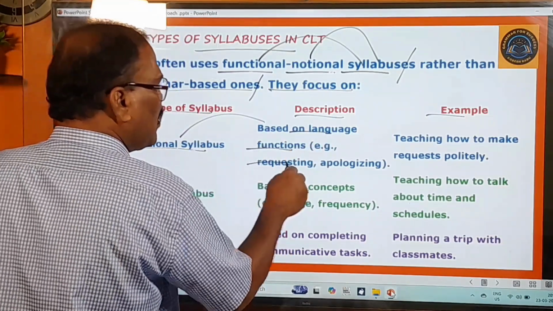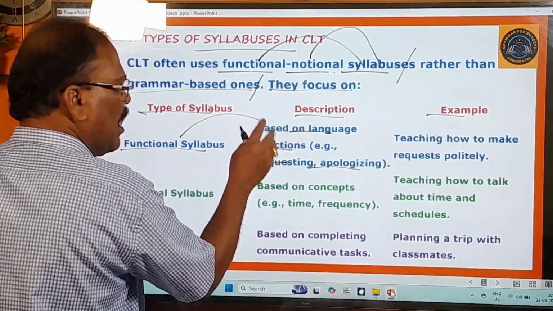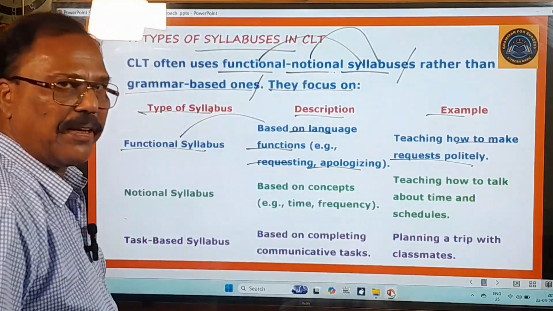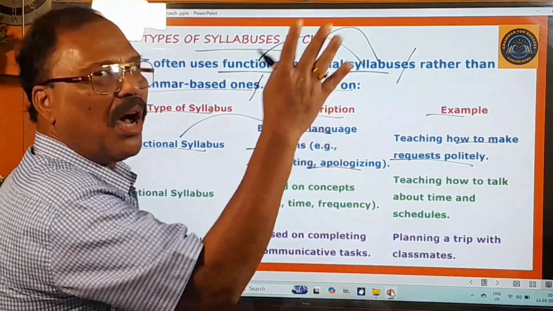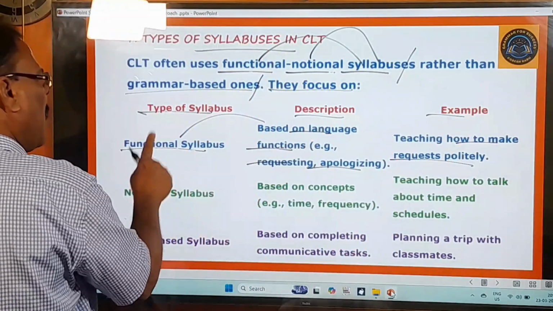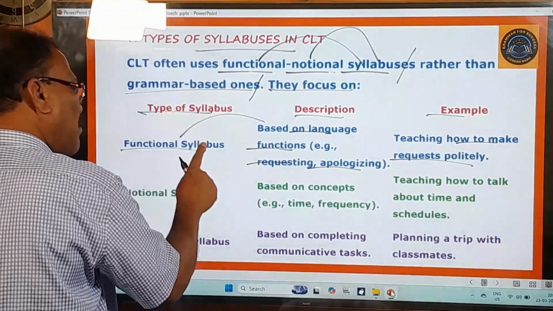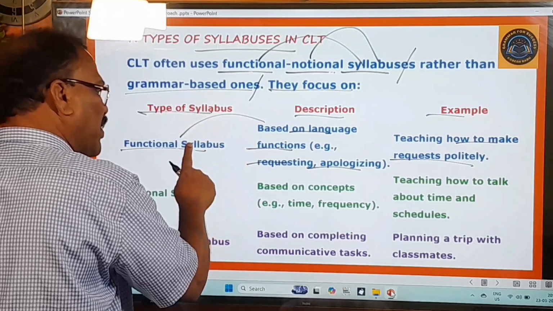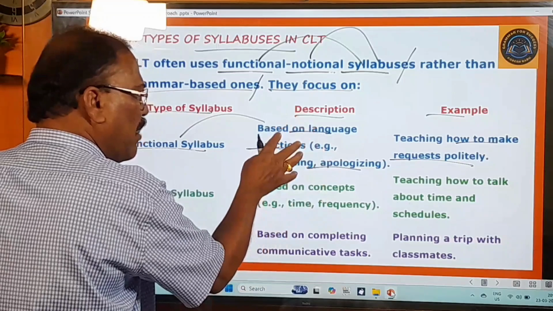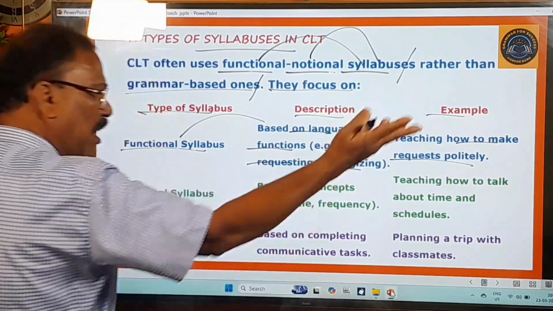Example, how to request, how to apologize, and all such things are taught to the students, and therefore the students will learn how to make requests politely, how to apologize to others. So this functional syllabus deals with language functions like requesting, apologizing, and therefore they learn how to implement all of them in their everyday life.